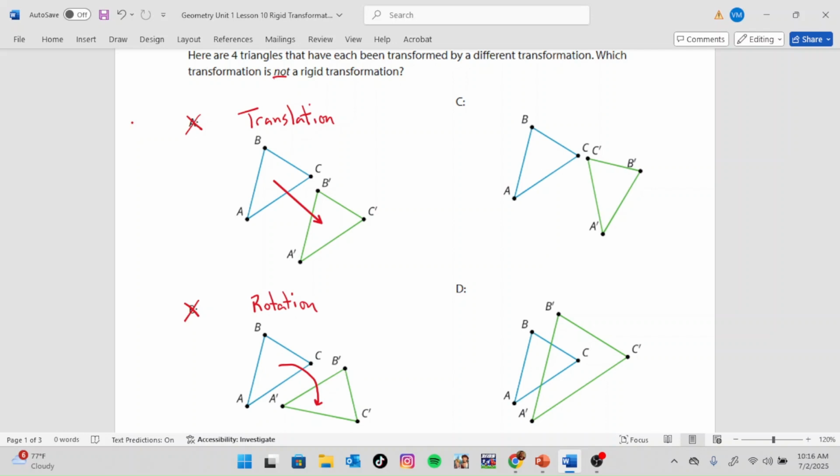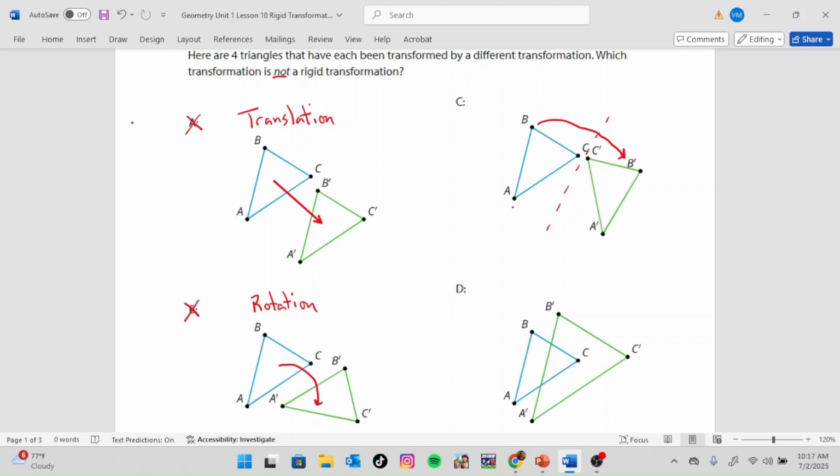Now if you look at C, notice that point C and C prime are right here by each other. What we did was we reflected it. If I just drew kind of this imaginary line right down the middle, I simply took B and I flipped it over.